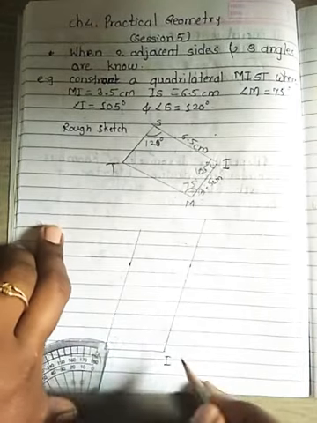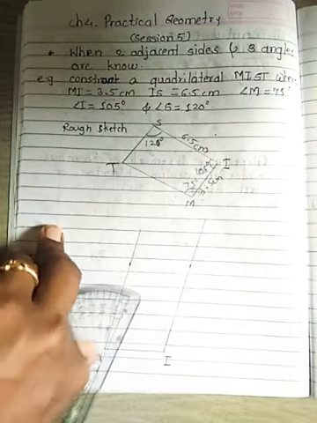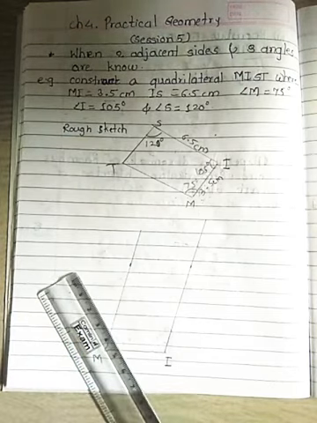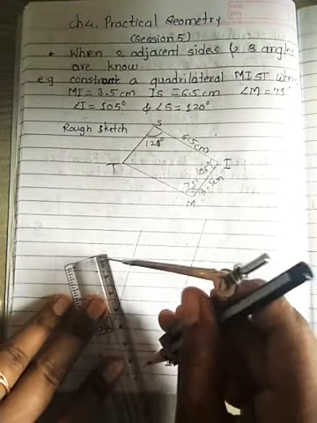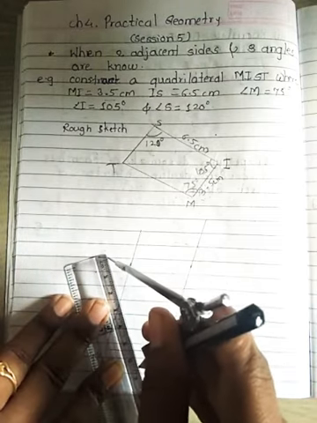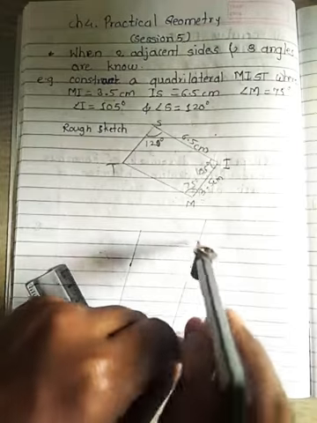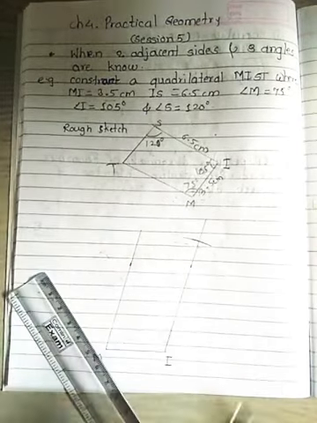Okay. Then from I, the S point is at 6.5. So take 6.5 in a compass. Make an arc of 6.5.